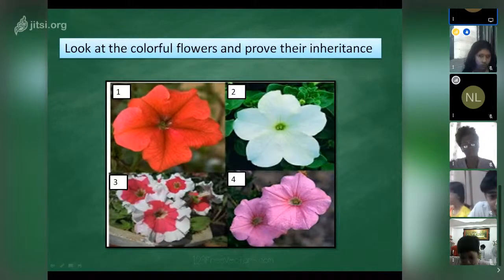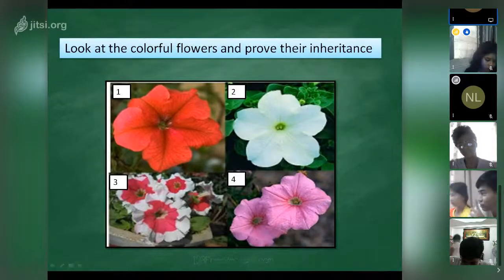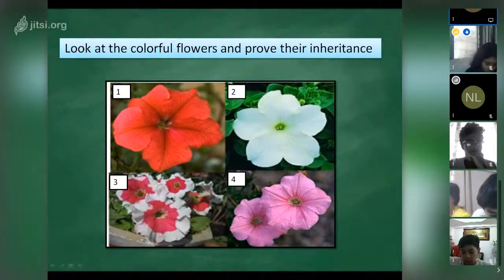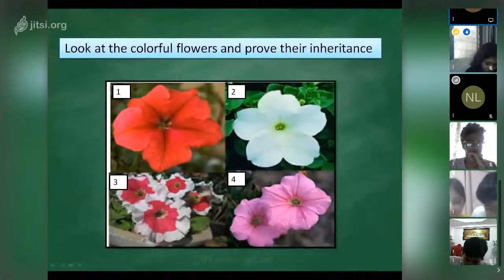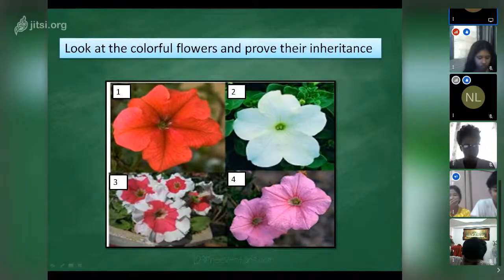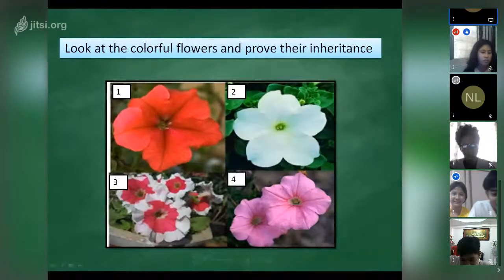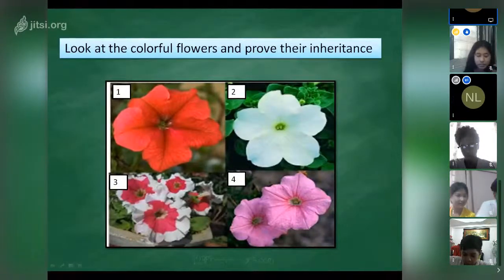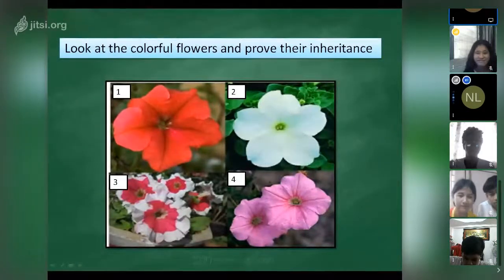If a red and a white unite and we follow the patterns of incomplete dominance, what would be the result? 3, sir. Okay, and Nelia? Sir, my answer is 4.